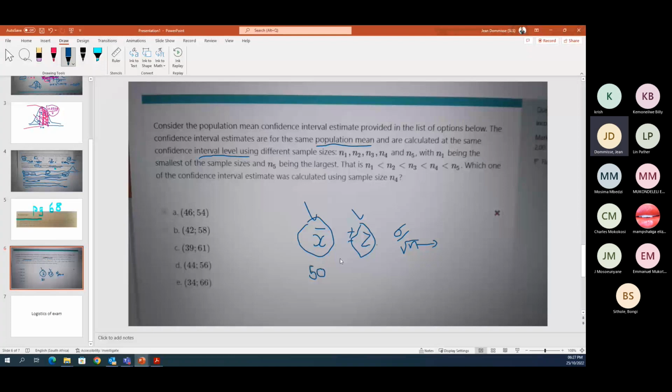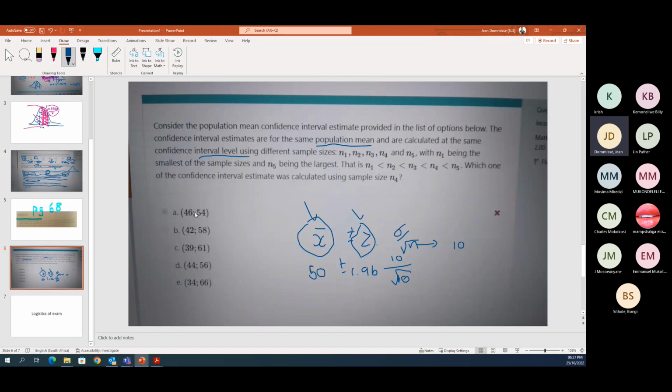Let's say that is 1.96, and let's say the standard deviation is, for the first instance, 10, and let's take the smallest sample size also 10, and then we'll increment it by 10 every time.